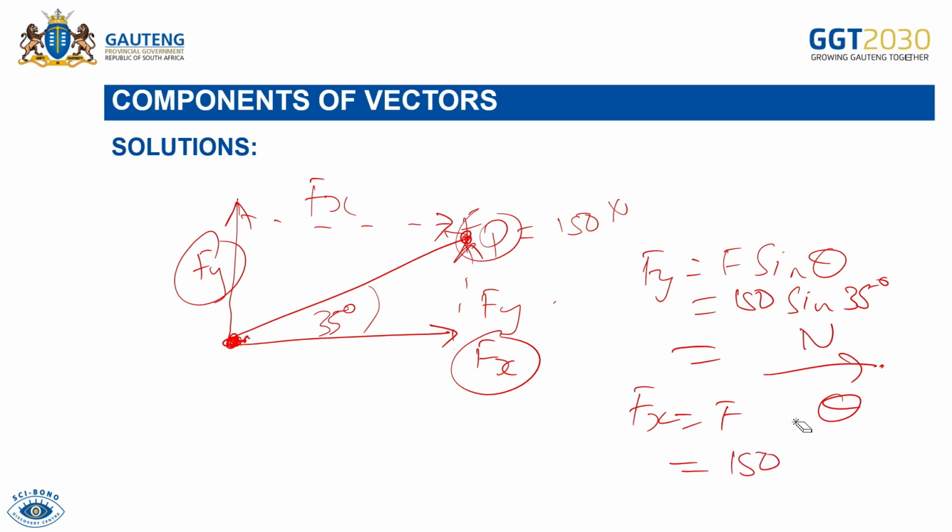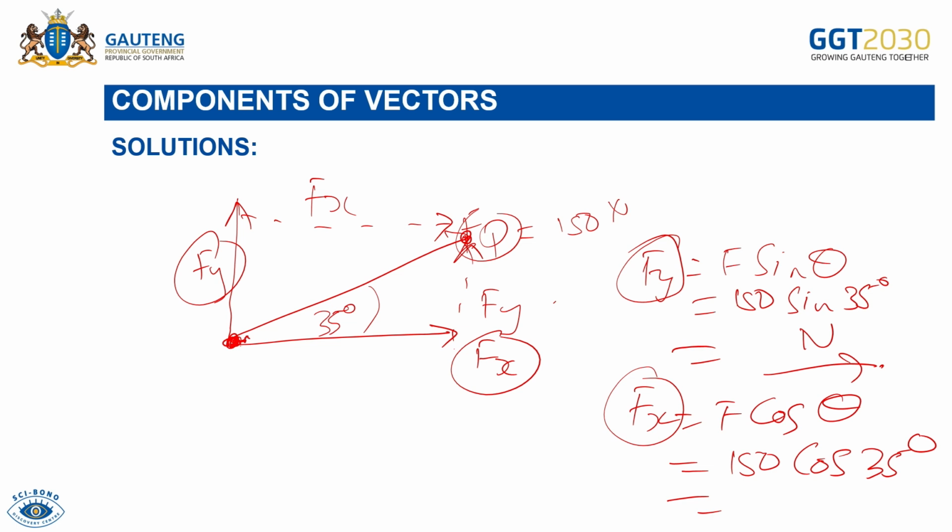So it's F cos 35 degrees. Then you'll get the components of Q.